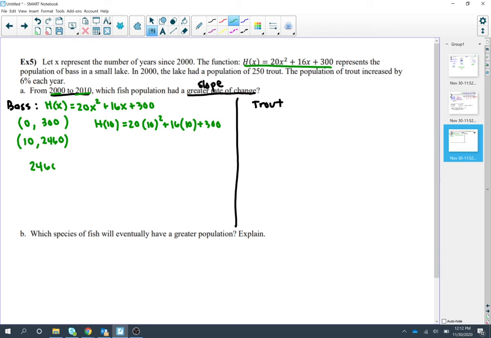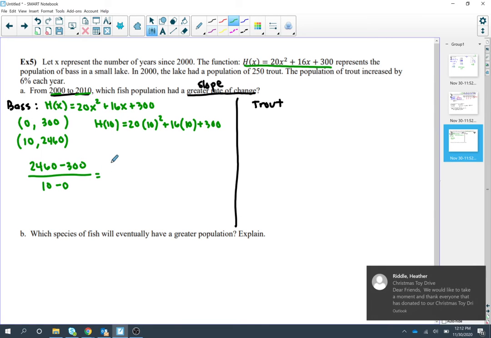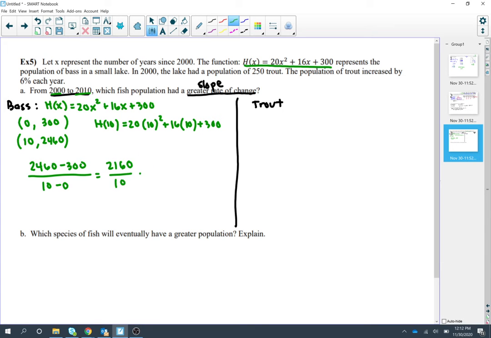So 2460 minus 300 over 10 minus 0, which gets me 2,160 over 10, which is 216 fish per year.